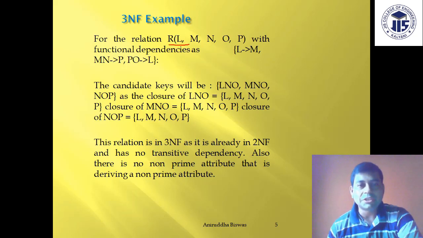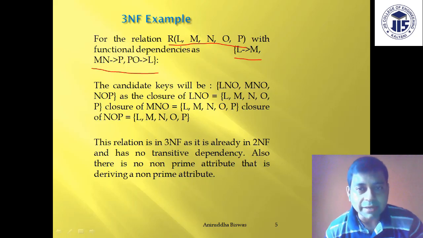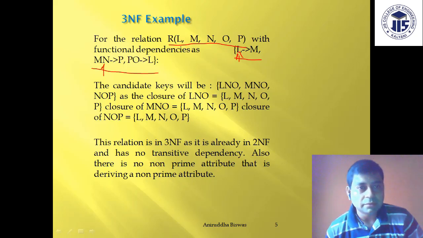Let's say we have a relation R where there are 5 attributes L, M, N, O, P. And what are the functional dependencies that we have? F is the functional dependency set. Here L determines M, MN determines P, and PO determines L. Now on the left-hand side, look at this: L, then MN, then PO.